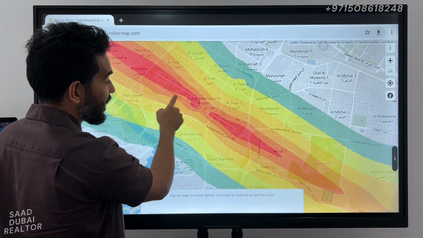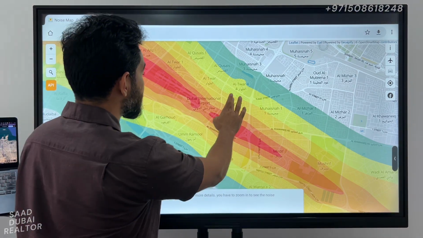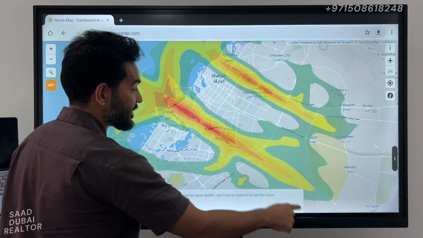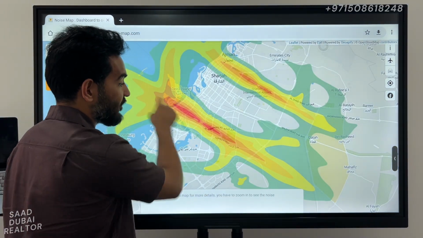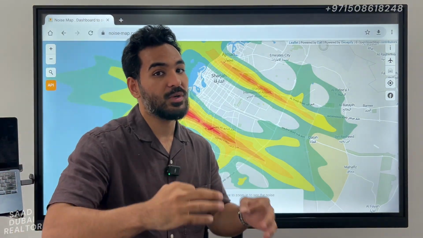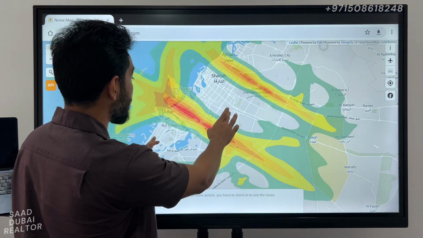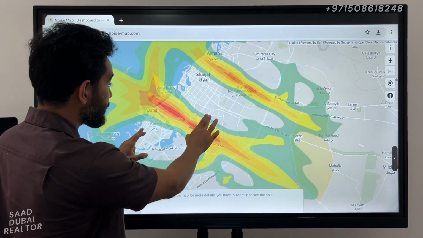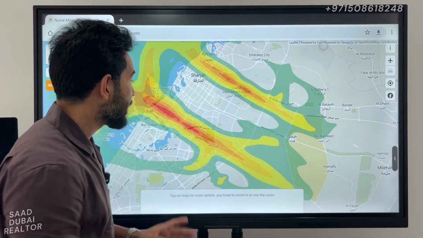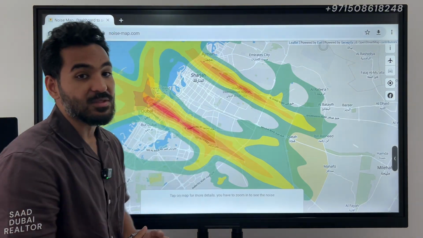This is the runway. Because the direction of the planes taking off and landing is along the runway, the flight path, investing in the flight path is the actual danger zone. If you see the graph of the sound pattern, the sound is mostly in the direction of the runway. The sound leakage towards the sides is very minimal.